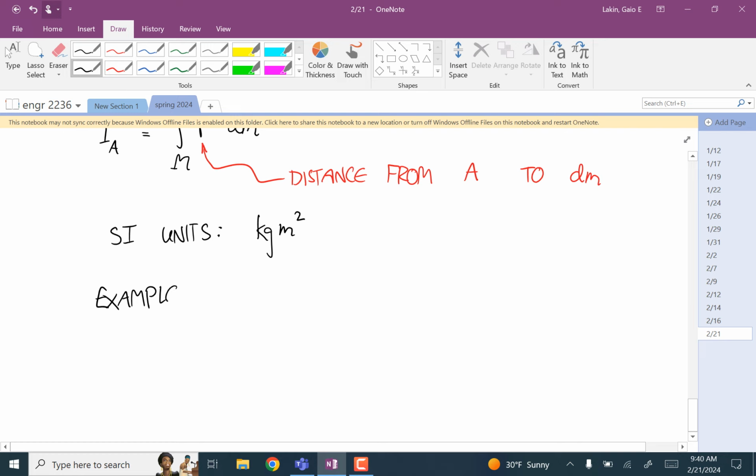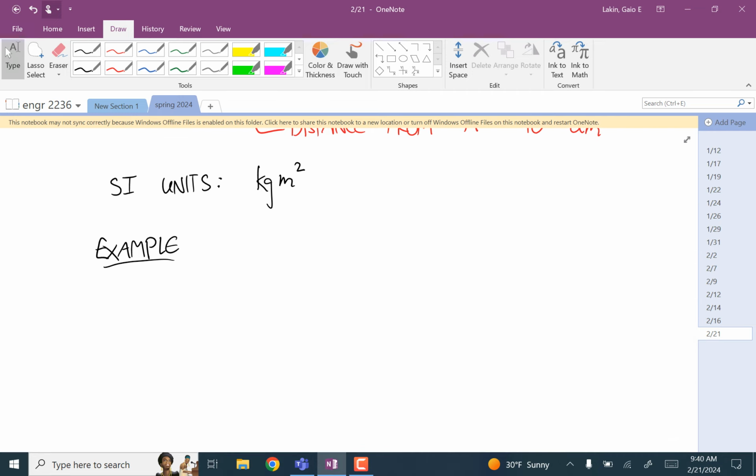And as an example, let's think about a disk. And we're going to deal with a lot of disks.